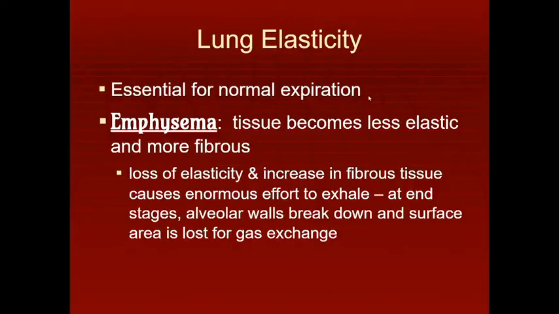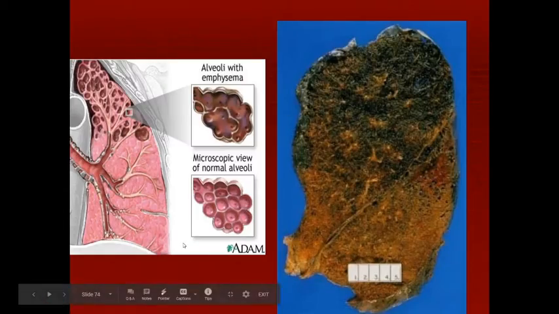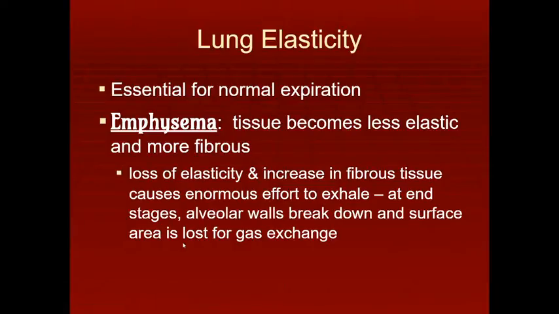Now, we can get some expiration, and we'll get it through the diaphragm relaxing back up and cutting down the volume, and probably some intercostal muscles that are going to have to contract as well to force air out. But as far as normal expiration, you're always going to have to work hard at exhaling if these lungs are not elastic.